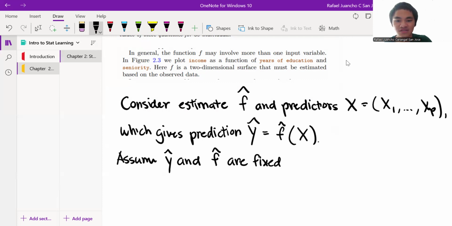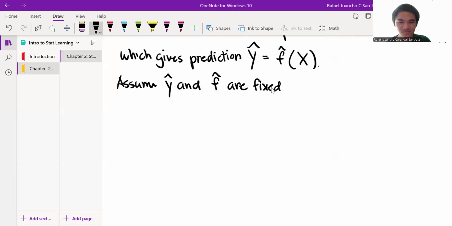What do we mean by fixed? They're exact, which in real life, IRL, they're not. So the only thing that varies is this epsilon, or this unmeasurable variation. And so what does that mean?